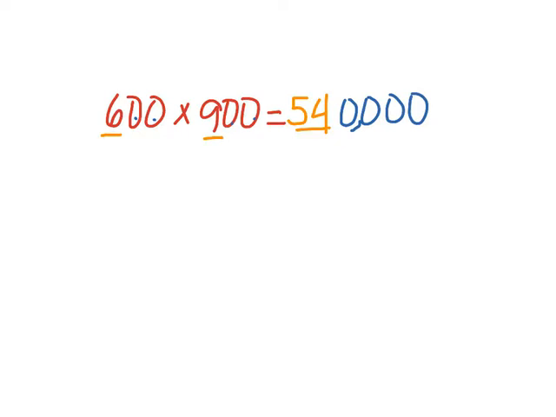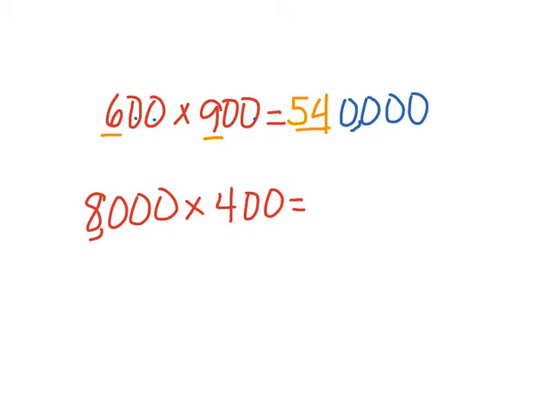Okay, so all we're really doing is just multiplying and then adding whatever zeros we have left over. So if I do another one, 8,000 times 400. So again, I'm going to start with that 8 times 4 and figure out what that is, and then just count my zeros.